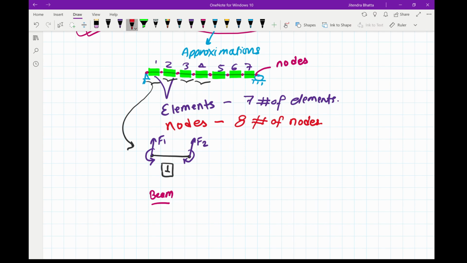Let's say this is node 1, this is node 2.